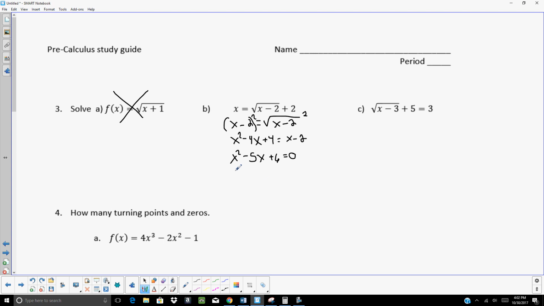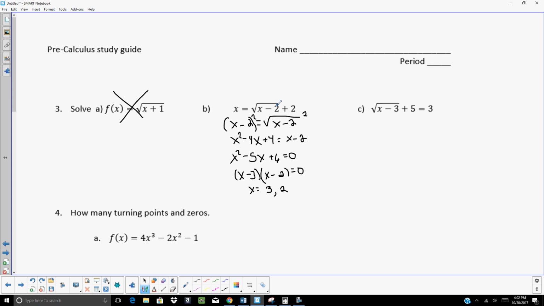Then it looks like I can factor that. 2 numbers that multiply to 6 and add to -5 are going to be -3 and -2. And I'm going to get x equals 3 and 2.